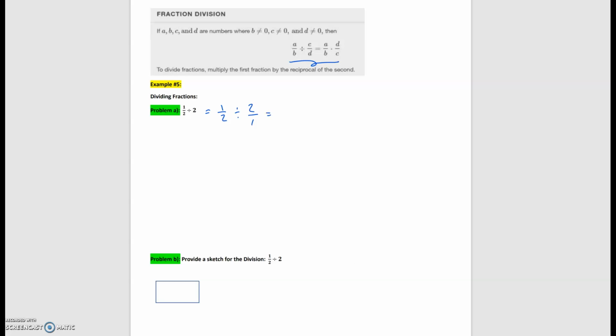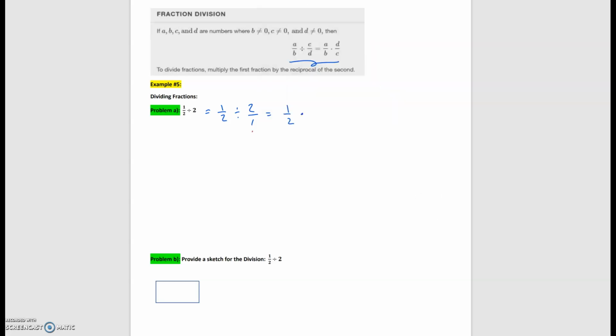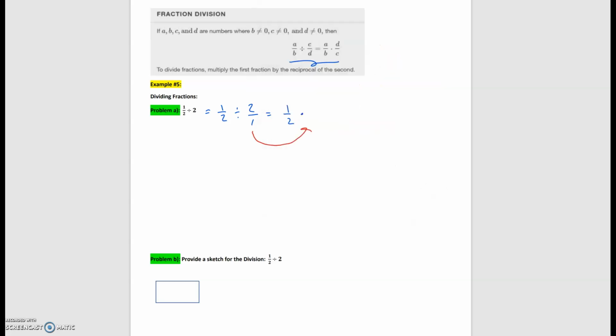So this is just going to be 1/2 times the reciprocal of the second value. The reciprocal of 2 over 1 is a half, and this is going to give us 1/4, which is already in lowest terms.